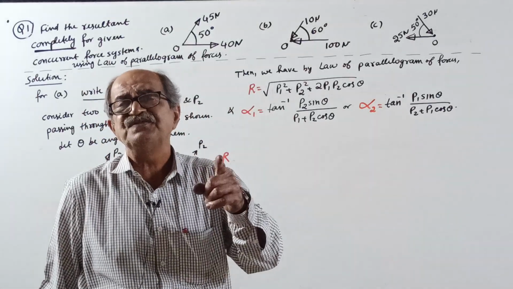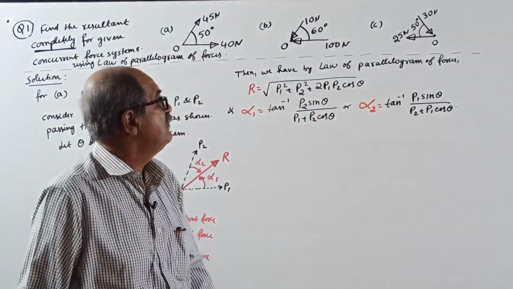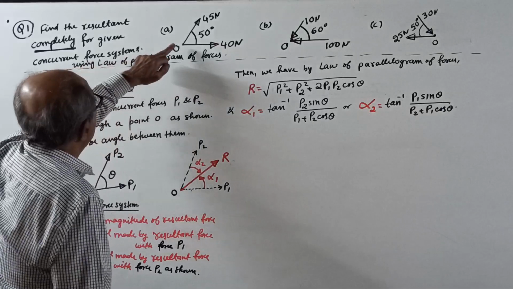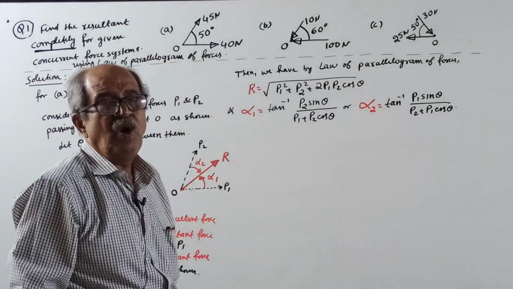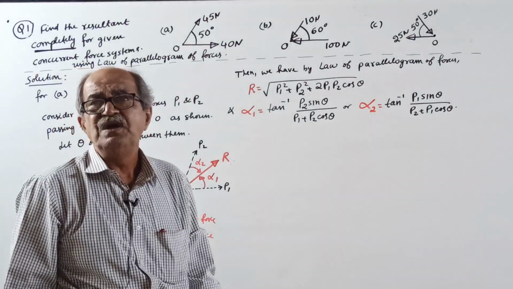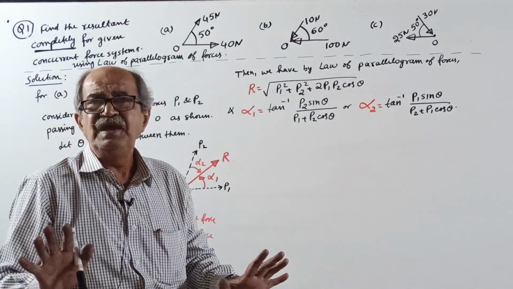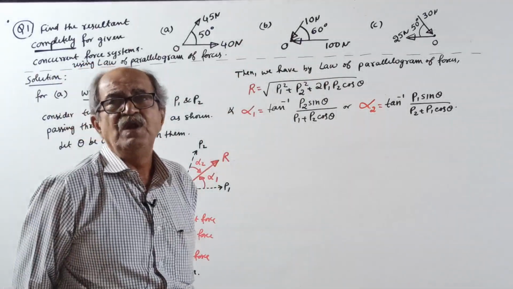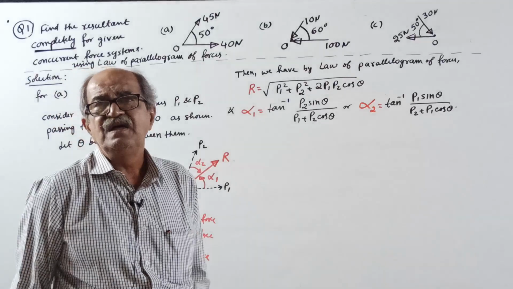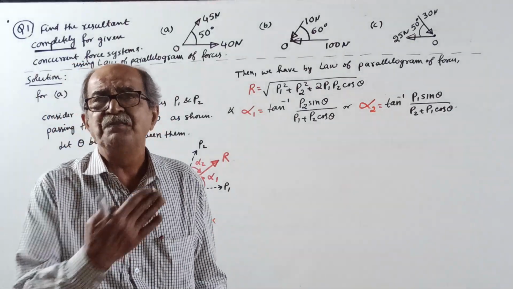All these we will discuss when we go to the coplanar force system. But the given force system is a concurrent force system. Until I go to coplanar, all the questions are concurrent. The lines of action of all the forces pass through a common point, therefore the resultant force will also pass through the same point.